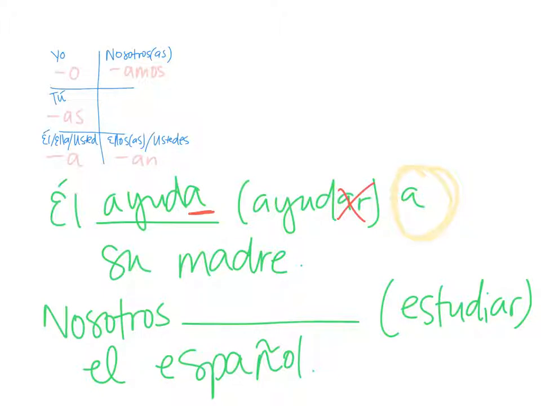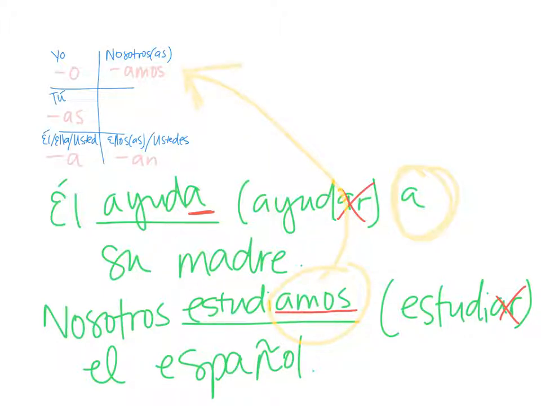Well, again, I'm just going to take off the AR and add the correct ending, which would then form my verb to be estudiamos. Estudiamos, because amos is the correct conjugation for nosotros, as you can see up here. So this is old news. This should be something that you already know. So we're just going to do a couple more sentences and then we'll be done with this video.